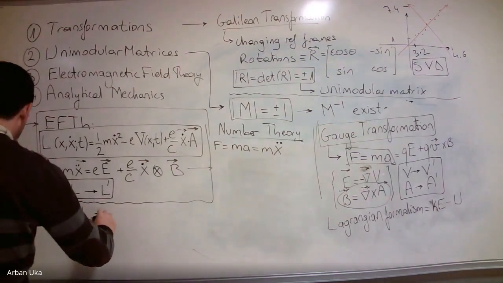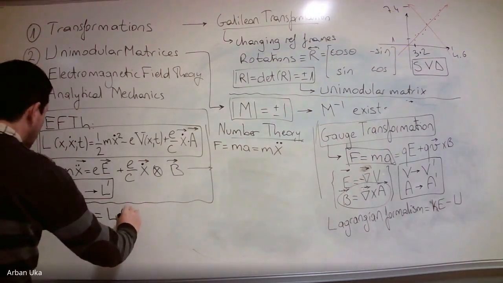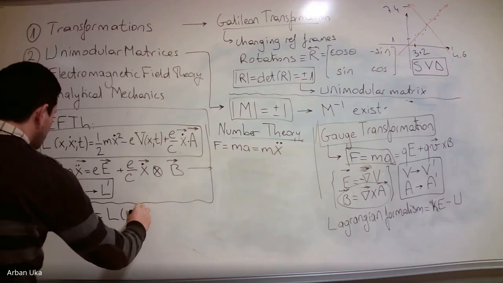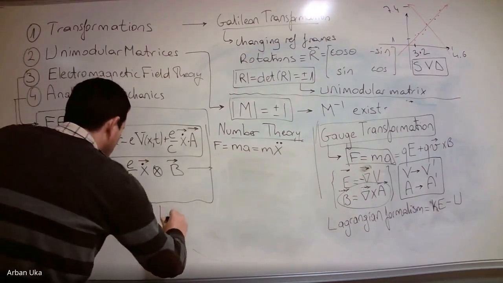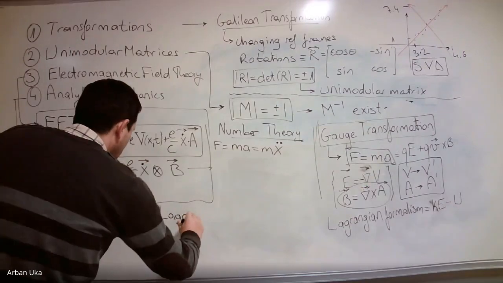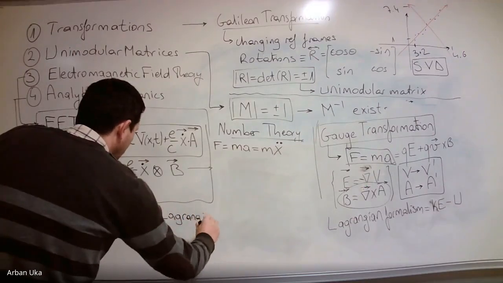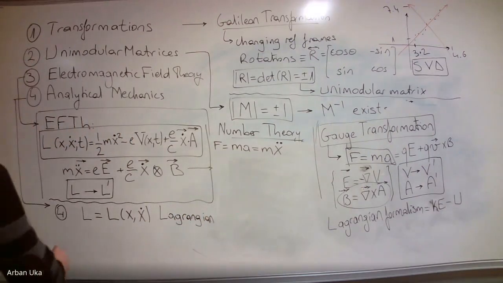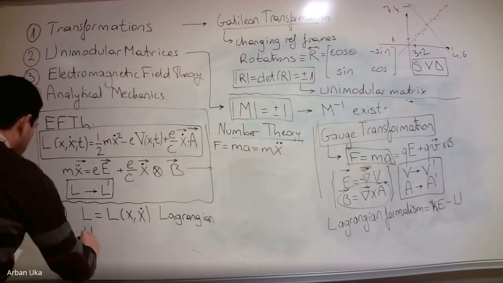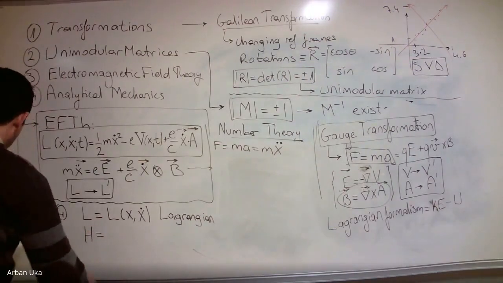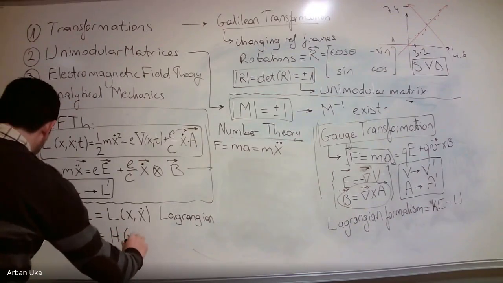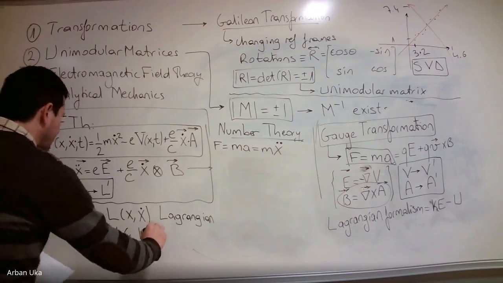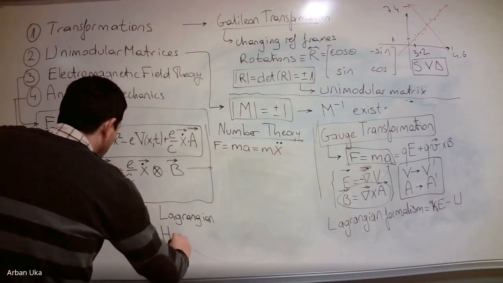So we have a term which we call the Lagrangian, described as a function of x and velocity. And we have another formalism which is also very useful, where H is a function of x and k, and we call this one the Hamiltonian.